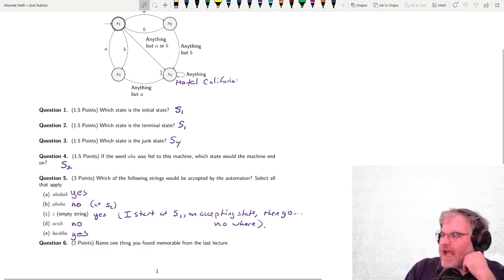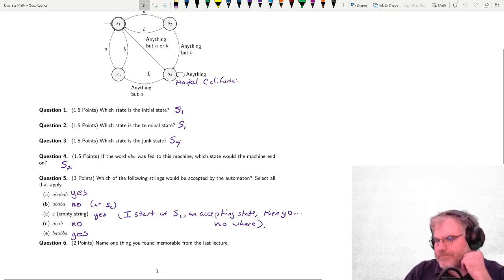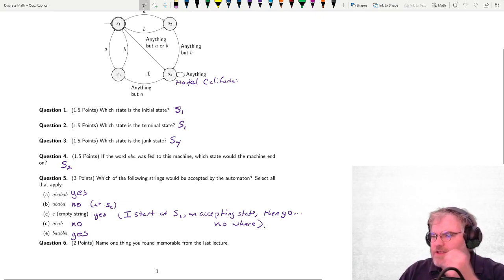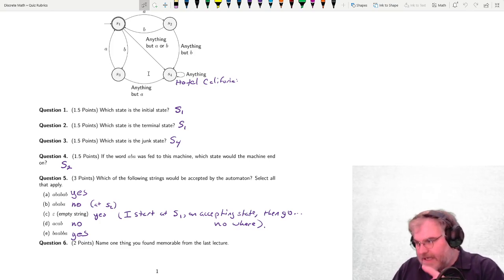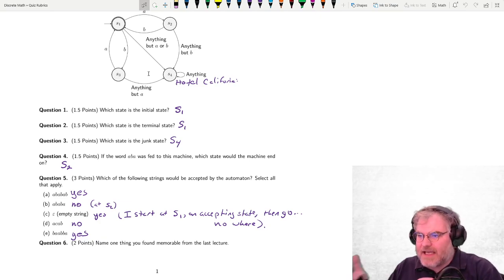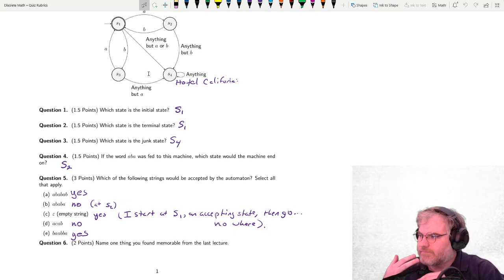Well, the second A follows this anything path, right? Because A is something. So the second A goes anything, anything, anything. Once I wind up in this state, anything comes back. So the question was, does the second A go nowhere? Well, it does go along the anything path, because A is a thing, and it just goes back to junk. Yes.